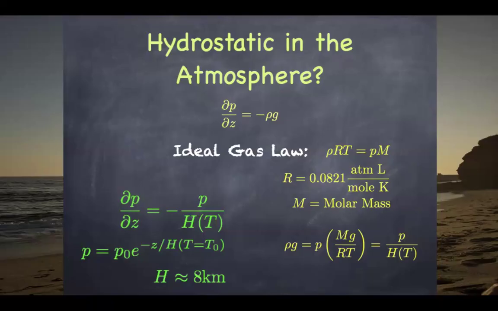Pressure is some initial value at zero times e to the minus cz. If I take the derivative of this side, I pull down a minus c, and so it equals itself. The thing in the derivative is also on the other side. So here we go, that's the exponential.